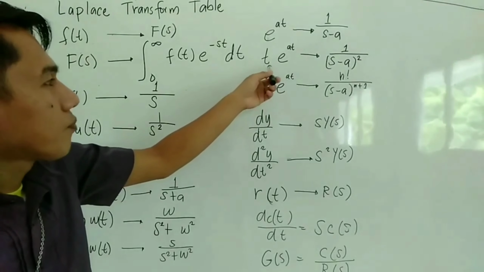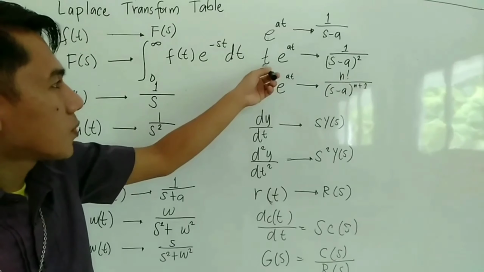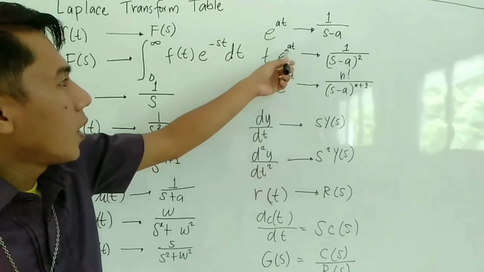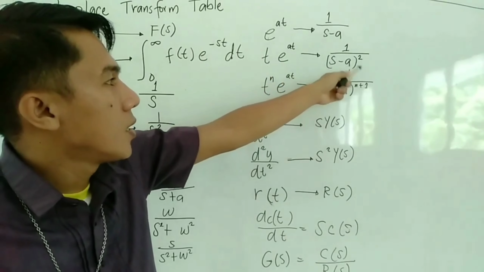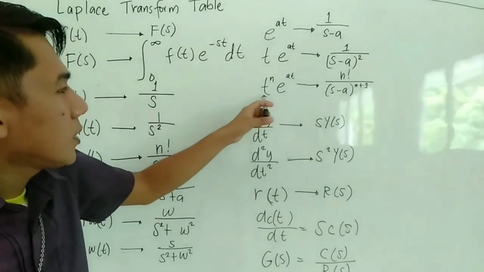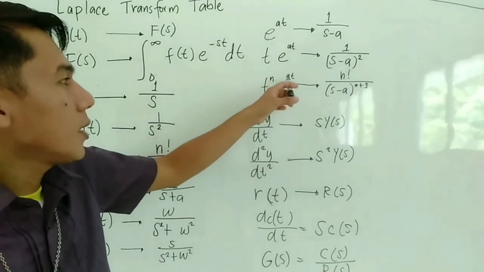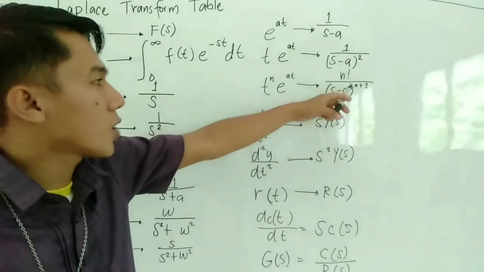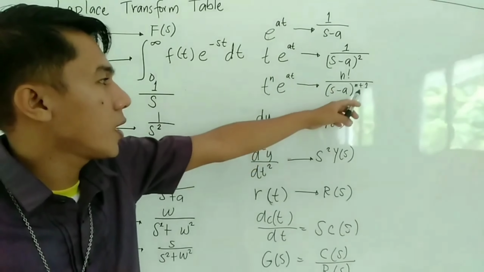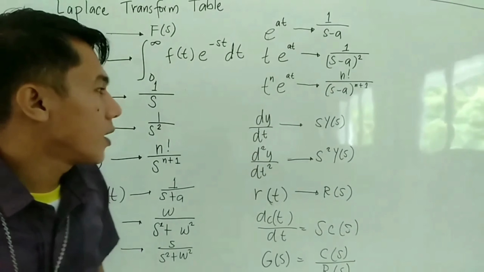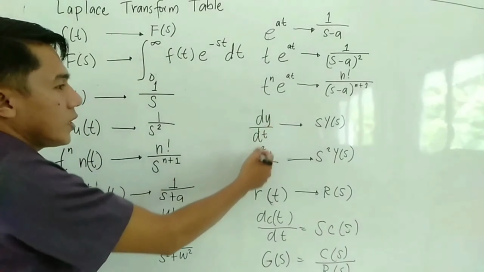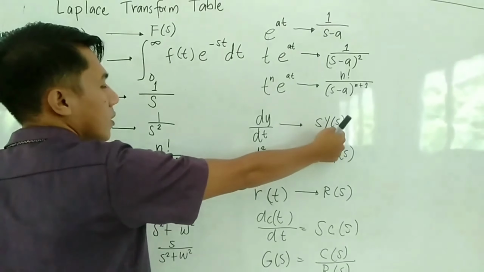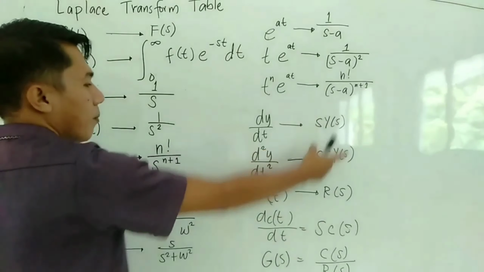and for the time exponential, t e to the a t is equal to 1 over s minus a squared, and t to the n e to the a t is equal to n factorial over s minus a to the n plus 1. And we have the first derivative dy over dt is equal to s Y of s for the functions for Laplace.